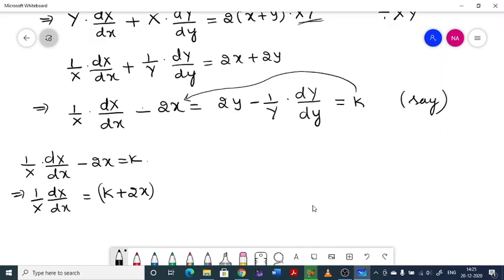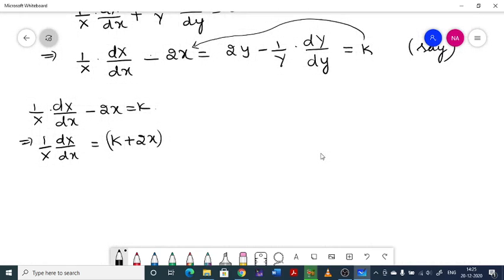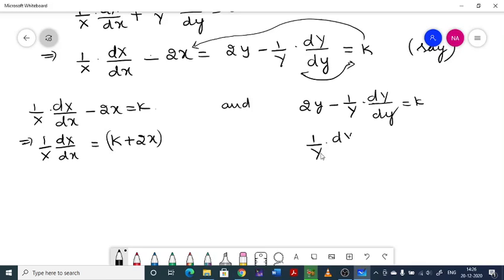Or equivalently, from the other two, 2 small y minus 1 by capital Y into d capital Y by d small y equal to k. So from this, taking the 1 by Y term one side and k this side, I'll get 1 by capital Y into d capital Y by d small y equal to 2y minus k.